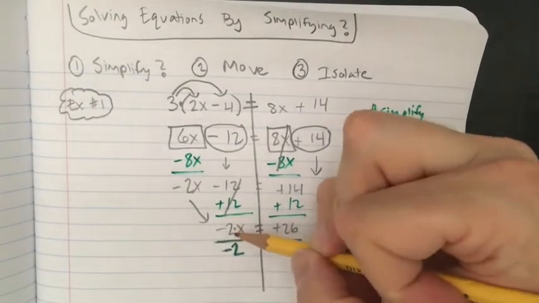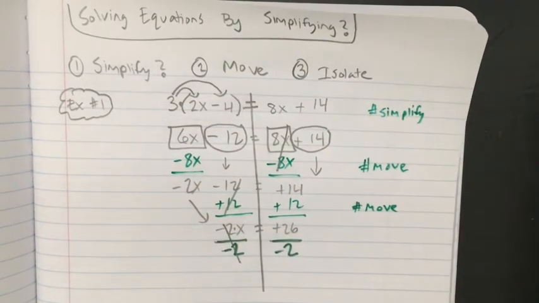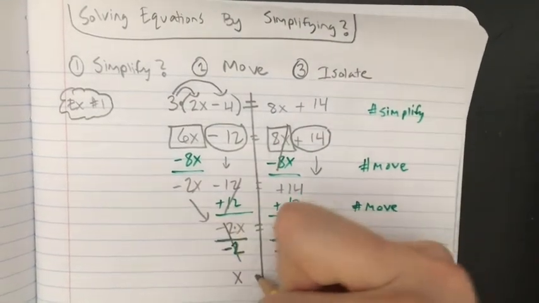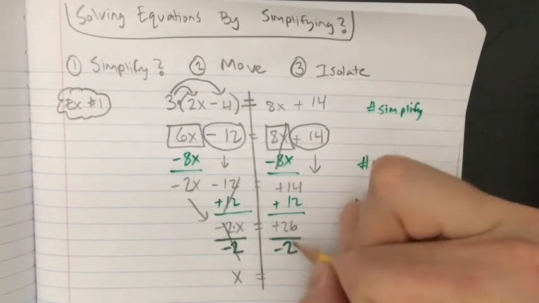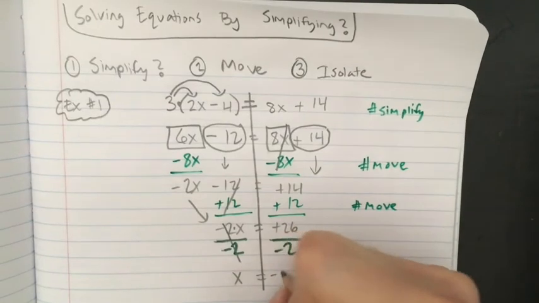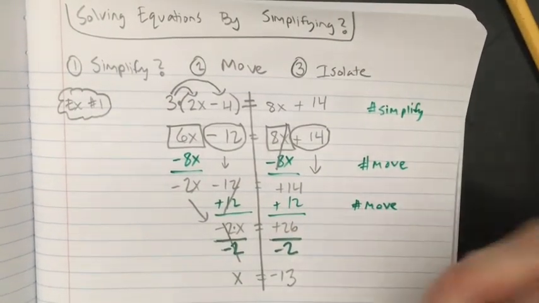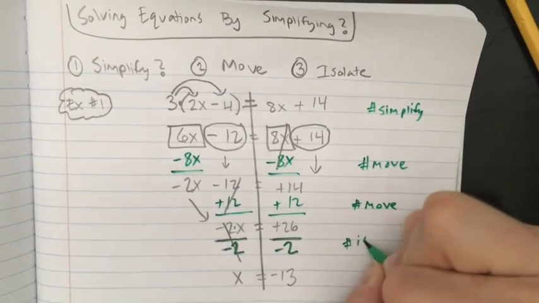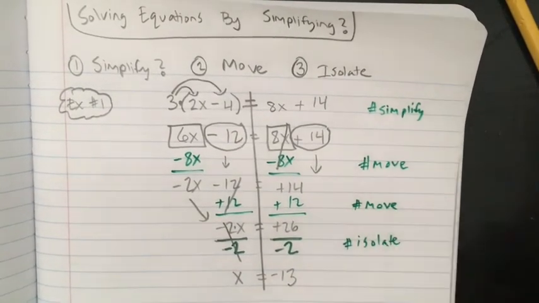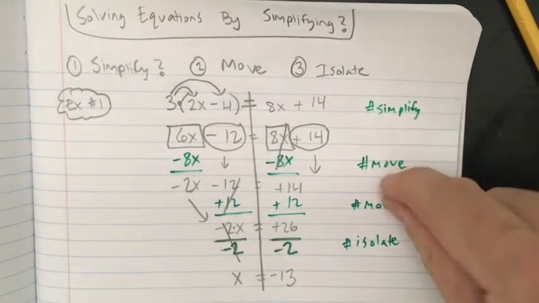Okay, negative 2 over negative 2, in 6th grade we learned that that just makes a 1. x comes down. And then positive 26 divided by negative 2, you can do that in the calculator to find out that it's negative 13. Okay? So my last step here was to isolate, which just means I want to get the x by itself. Simplify, move, isolate.